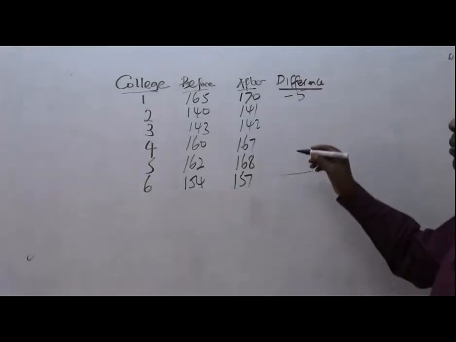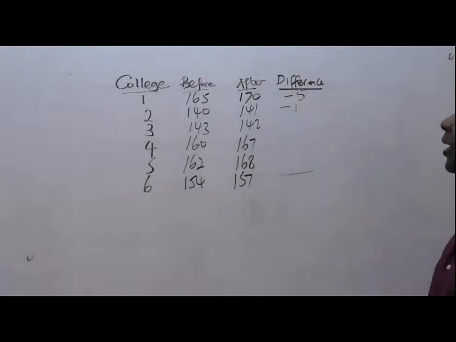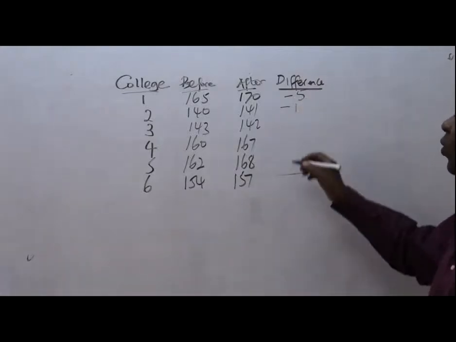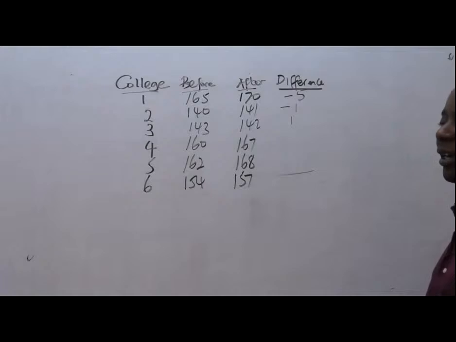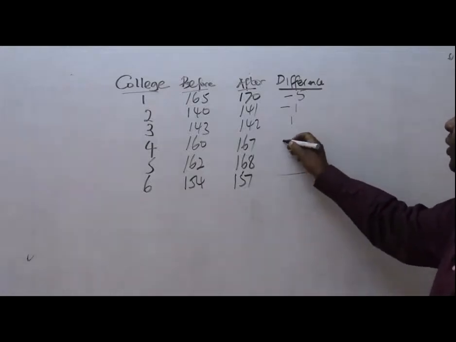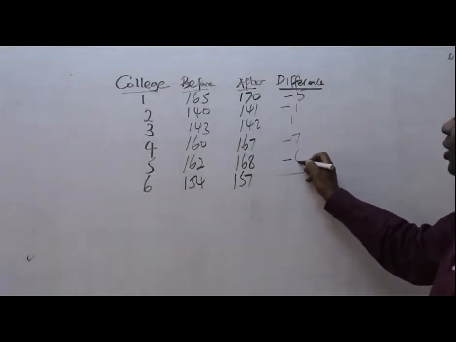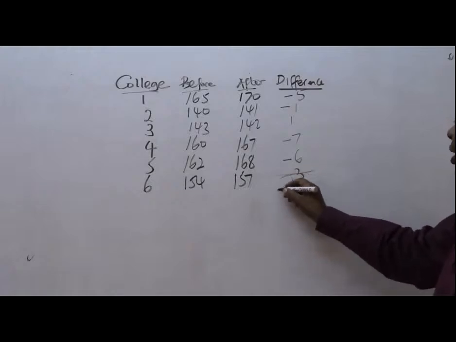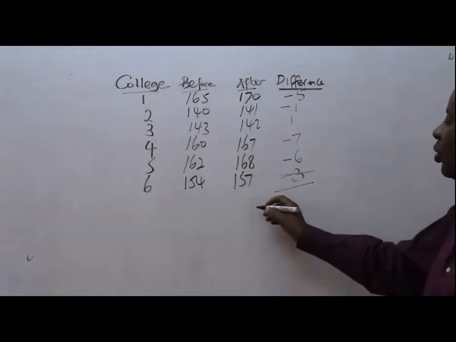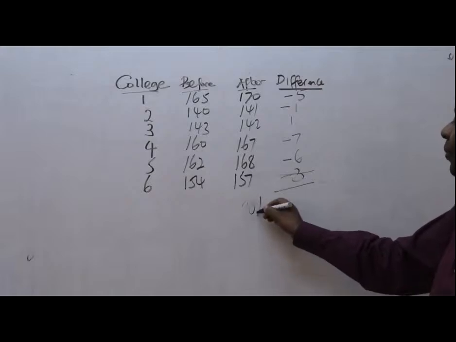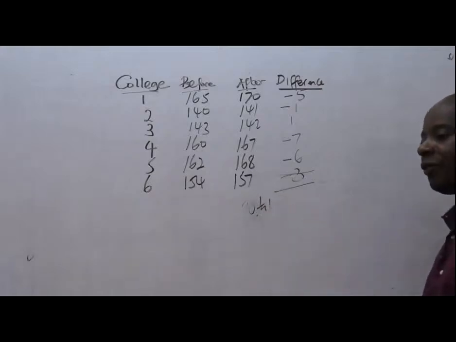The second one will be minus 1. The third one will be positive 1. Fourth one will be minus 7. This is minus 6. This is minus 3. So please give me the total of all the differences.